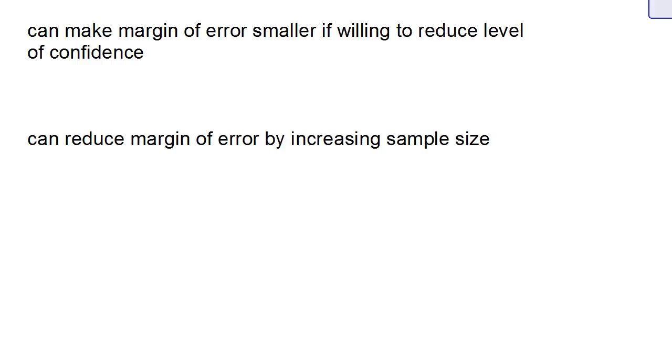And how we do that is, let's look at the margin of error. That is z alpha divided by 2 times sigma divided by the square root of n. Well, with a little bit of algebraic manipulation, we can solve this for our sample size.